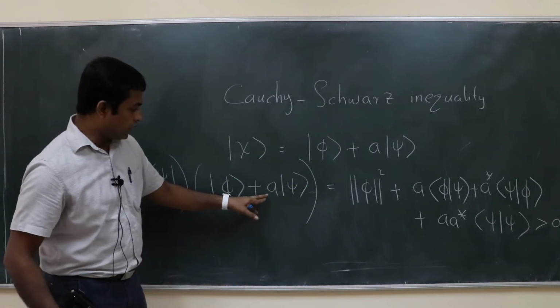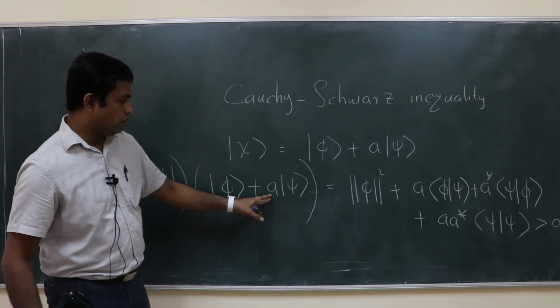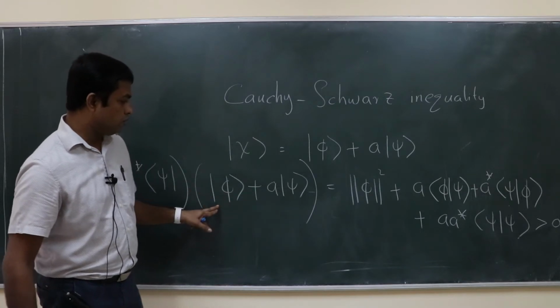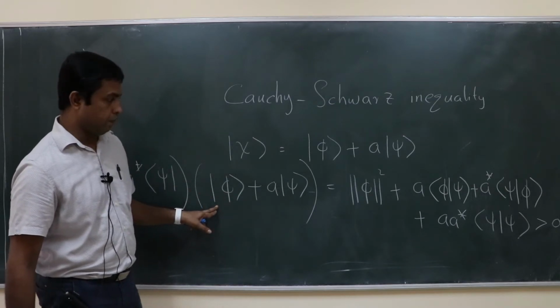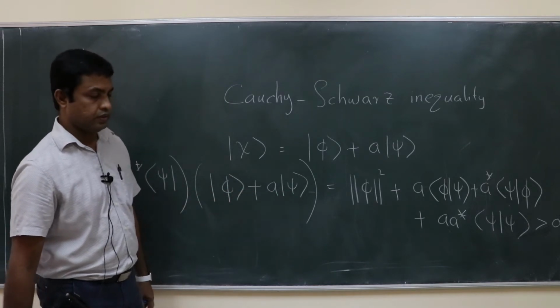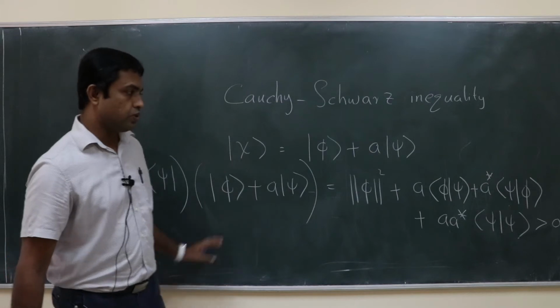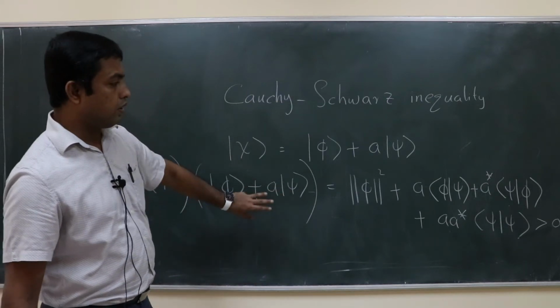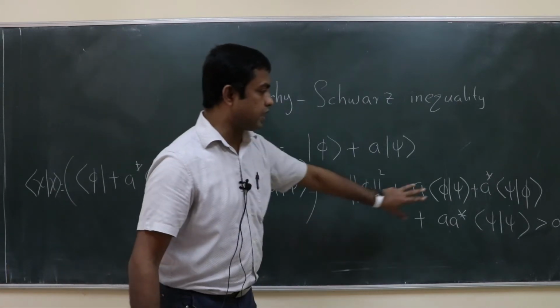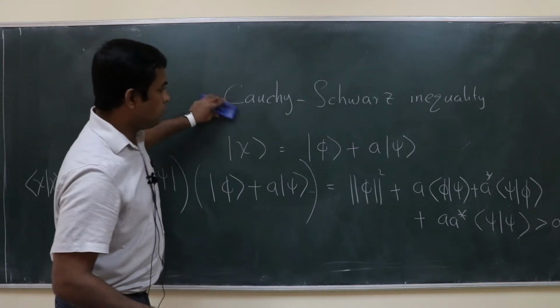For that, a psi should not be equal to minus phi. If phi is equal to minus a psi, you get a null vector, so that condition is not satisfied, and it is greater than 0.